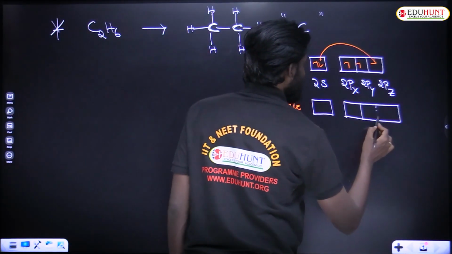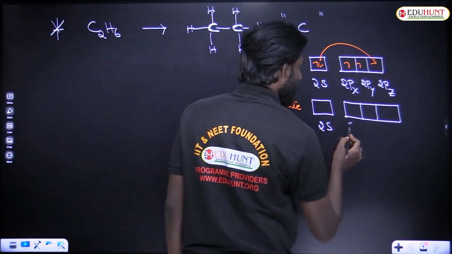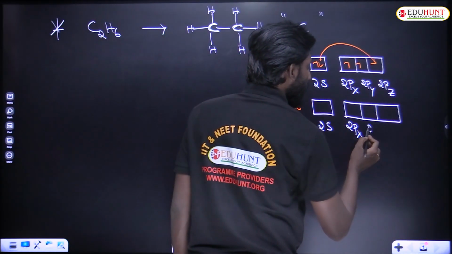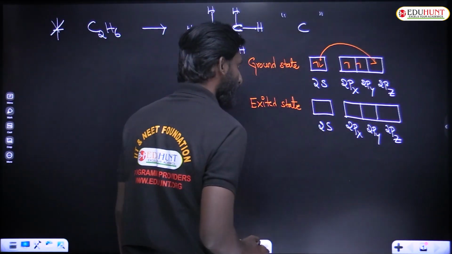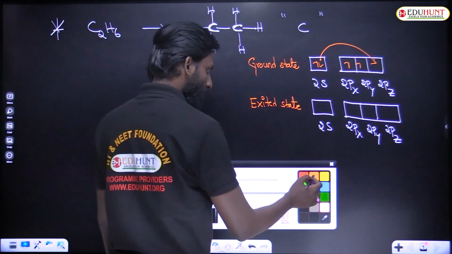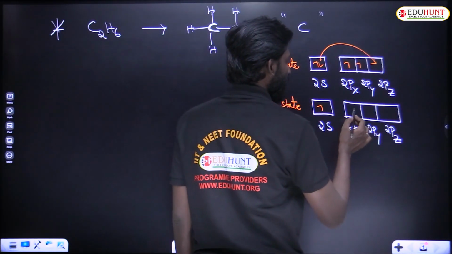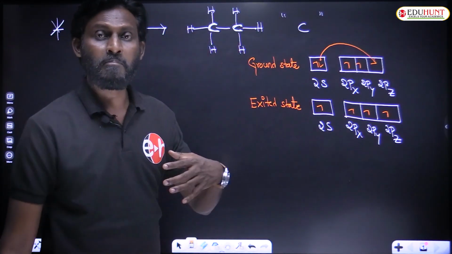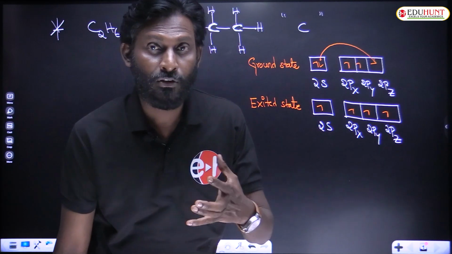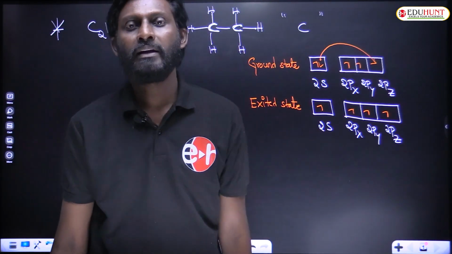So this is 2s, 2px, 2py, 2pz. Okay, now try to write the electrons. One electron is left here. Fine. So by this excitation of an electron, you got 4 unpaired electrons.